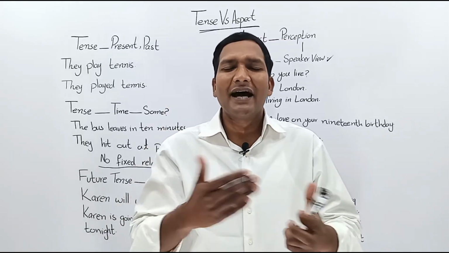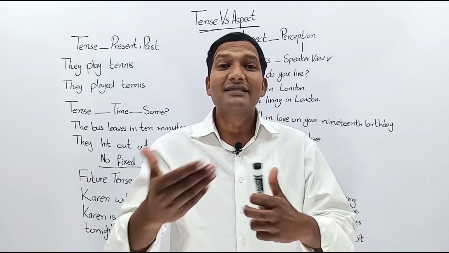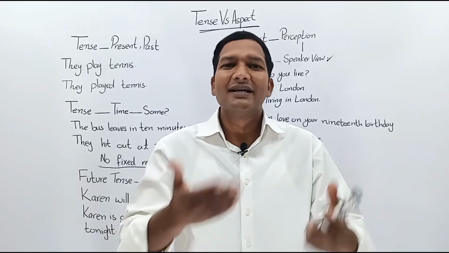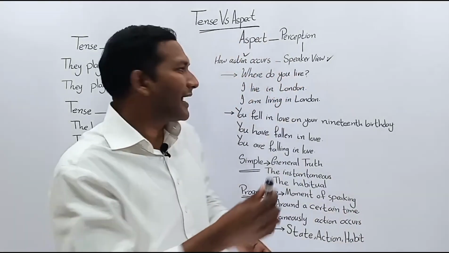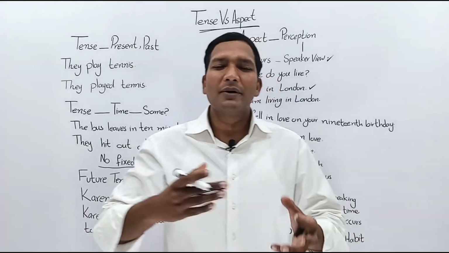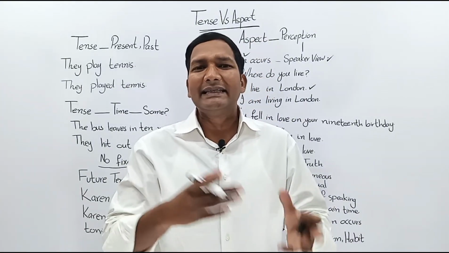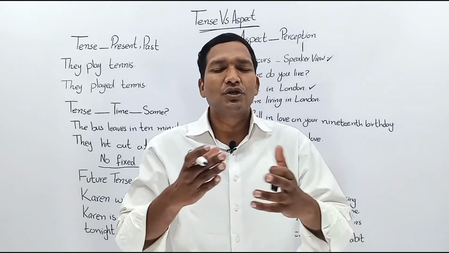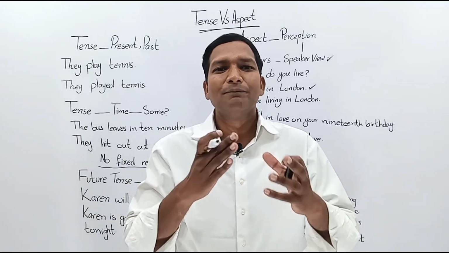You can answer me, I live in London, or you can answer me, I am living in London. So that's your perception. The first sentence, I live in London, tells me that you are permanently residing in London. But the next sentence tells me the situation is a temporary one.